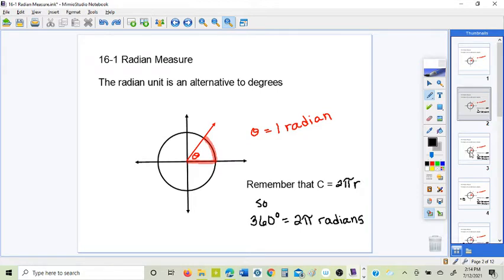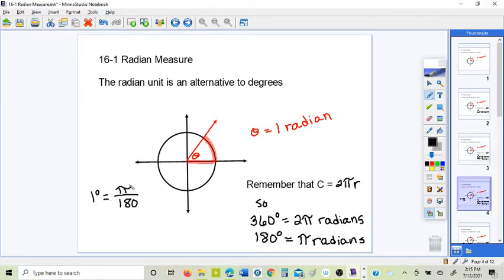So we will get to that. Okay. 180 degrees, as I said, halfway around, is just pi radians. Okay, pi times r, pi times the radius. So there would be pi of them, about 3.14 radians to get to here.